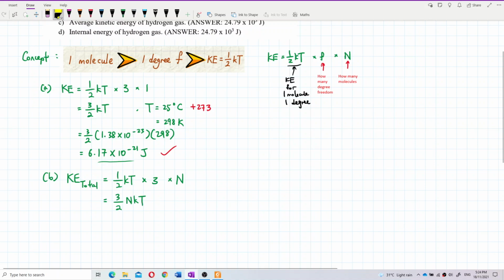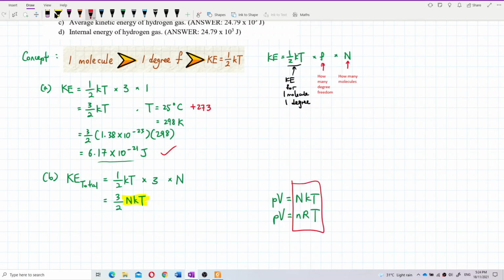So what does this tell you about NkT? You can change it to the number of moles. We know PV equals NkT, and PV also equals nRT. These are brothers. NkT is actually nRT.